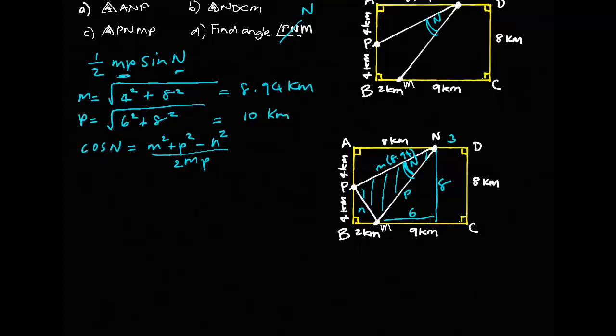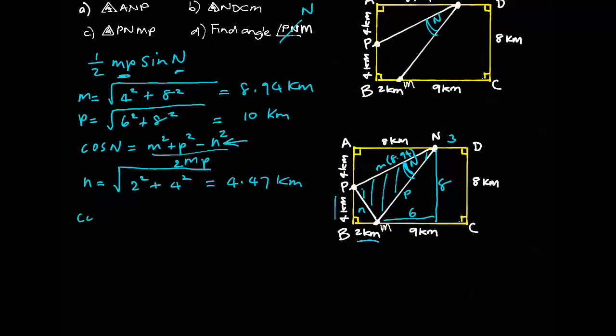Now, we know m and p, we've worked that out already. This time, instead of using the area of the triangle, we're going to find n, which is quite simple. So we can just use Pythagoras because we know the two sides of the right angle triangle. So n is just equal to the square root of 2 squared plus 4 squared, and that equals 4.47 kilometres.